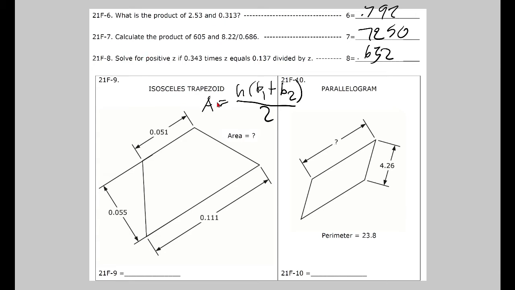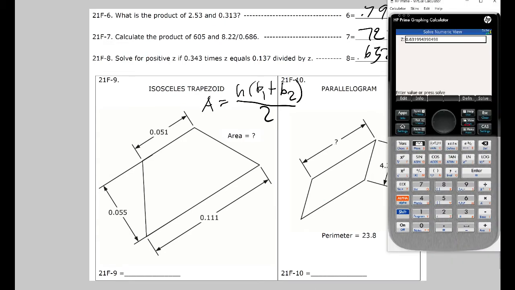That's how I usually remember it. So let's just type all this into our calculator and solve. So 0.051 plus 0.111, and now we're going to do that times 0.055, and then we're going to divide that by 2. So in the end, our answer should look like 0.00446.